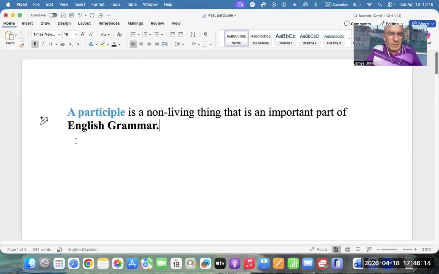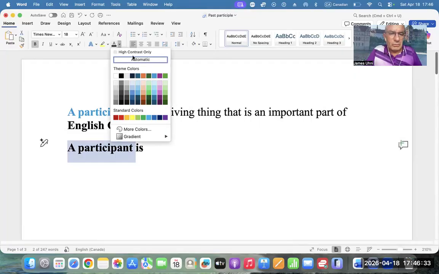Now, a participant is, and here I will write it in a nice blue color.